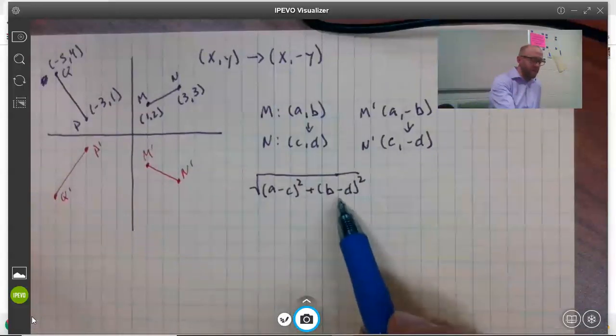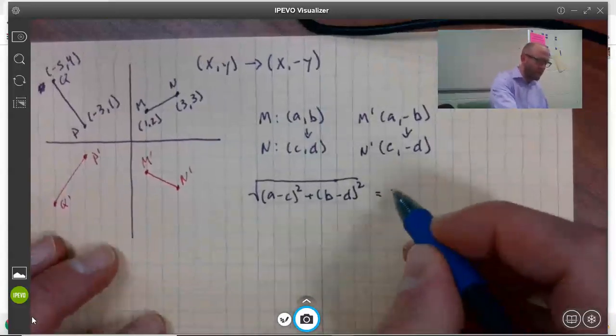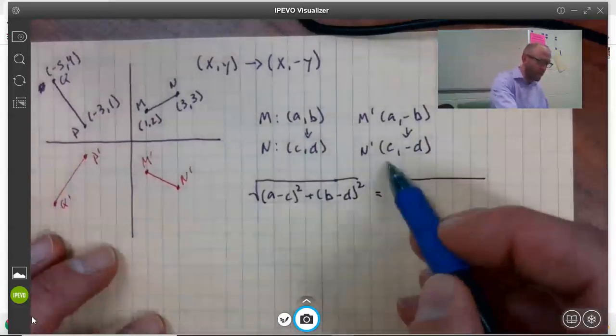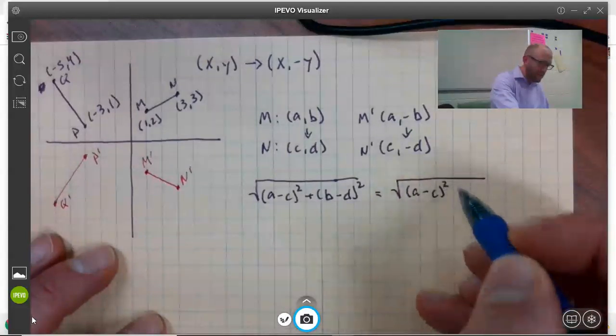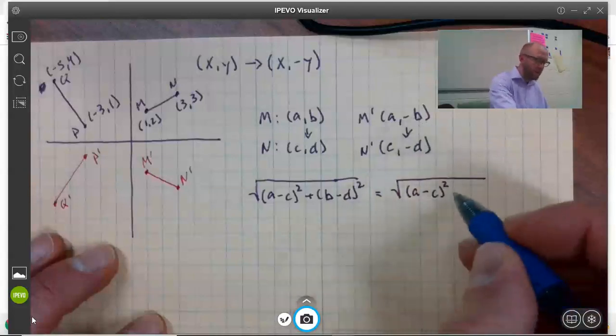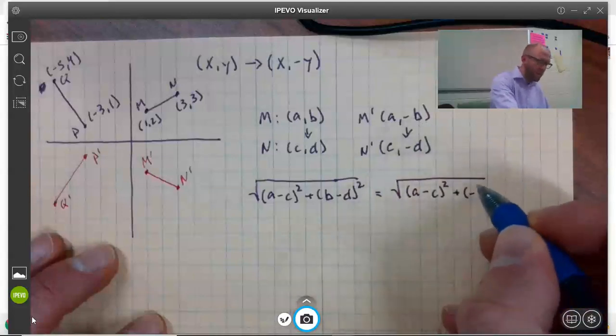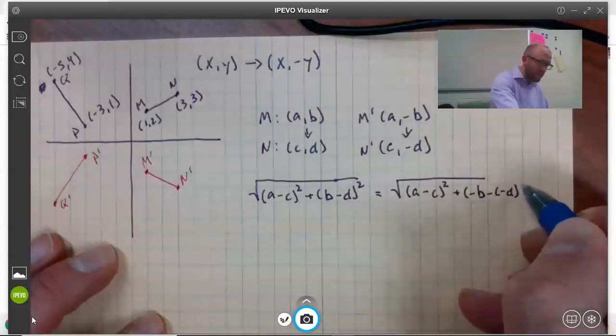And we find the difference between the y coordinates, we square that, and add them together, take the square root. On this side, we've got the same kind of thing, except now it's A minus C squared, and now it's negative B minus negative D, negative B minus negative D squared.